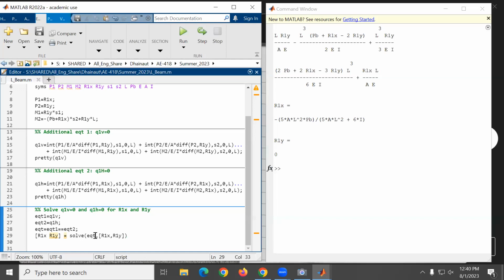I need to equate that one to 0? You have to equate Q1V and Q1H to 0. Yeah, here we go, equal to 0. Do you think that's going to change something?